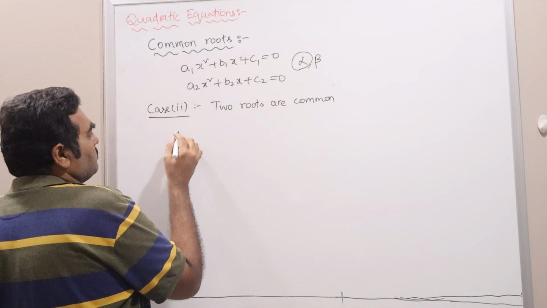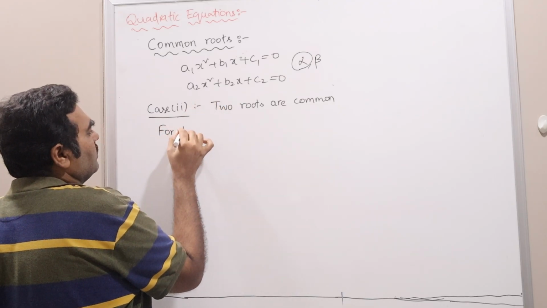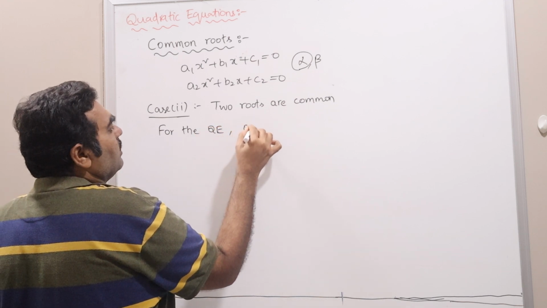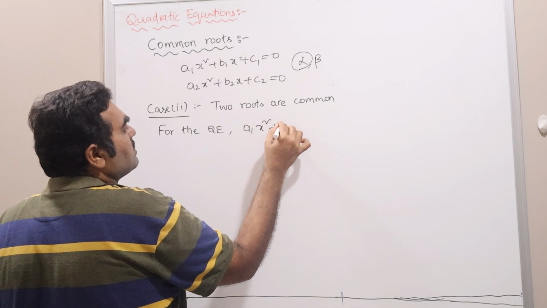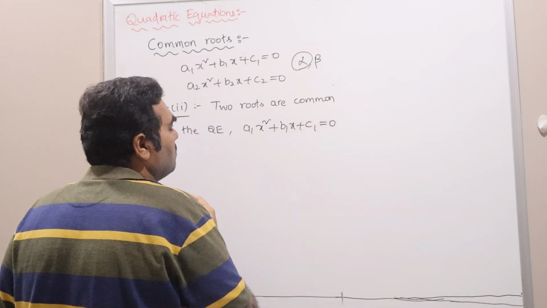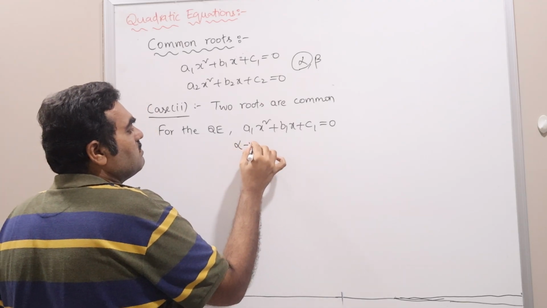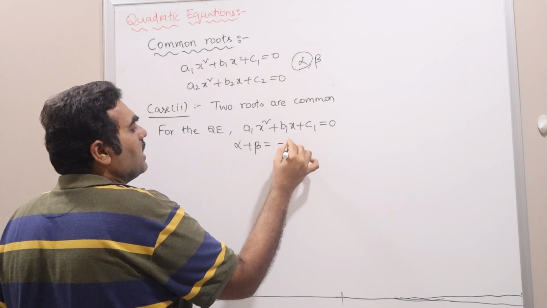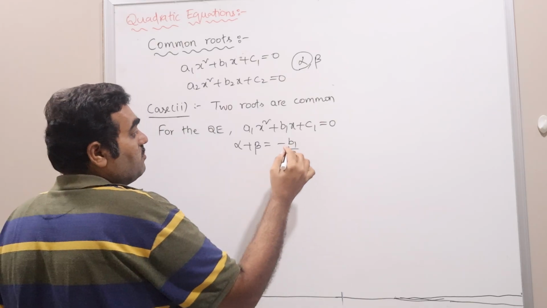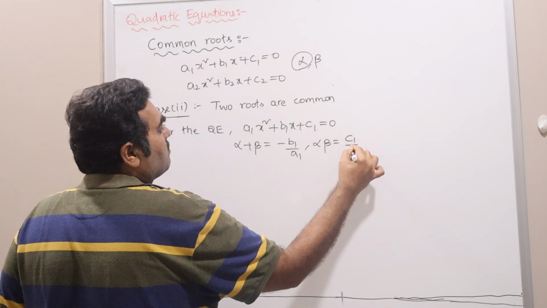So I can write for the first equation, for the quadratic equation, a1x square plus b1x plus c1 is equal to 0. Alpha plus beta is equal to minus b1 by a1. This I have explained. And alpha beta, the product of roots, is equal to c1 by a1.